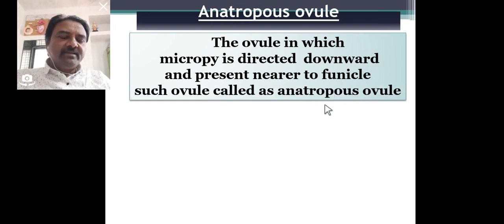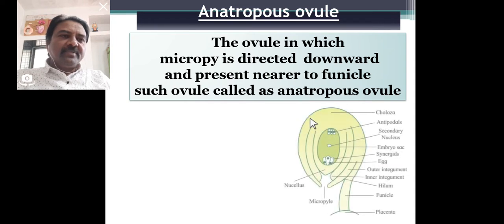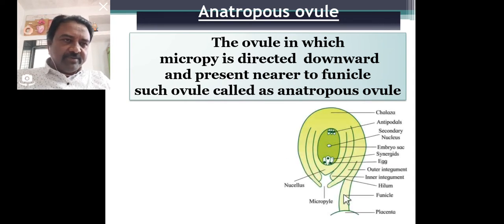Here we see the anatropous ovule figure. This is the micropyle part of the ovule and this is the funicle part of the ovule. Both are nearer, close to each other. In our definition, the ovule in which the micropyle is directly downward and present nearer to the funicle.